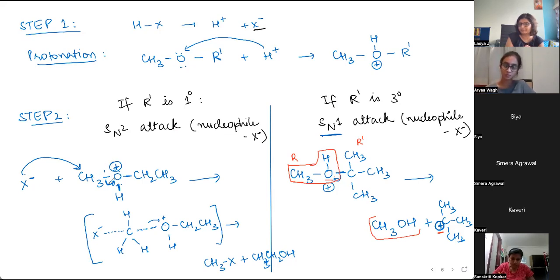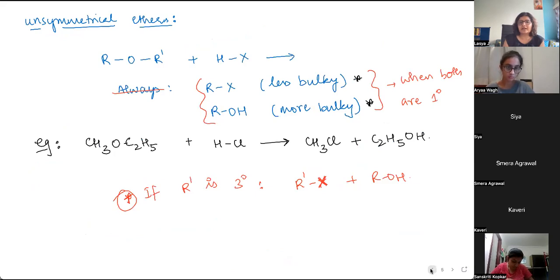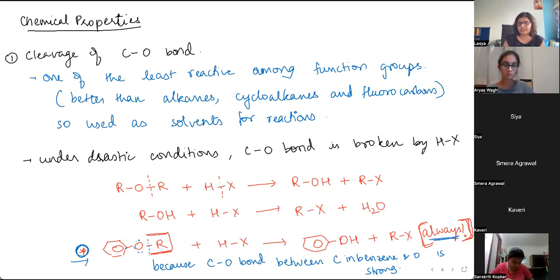The next part is talking about when you have an aryl ether, like this particular case. In both symmetrical and unsymmetrical cases, the alcohol formed is converted into alkyl halide, but this conversion will not happen with phenol because this bond is stronger.